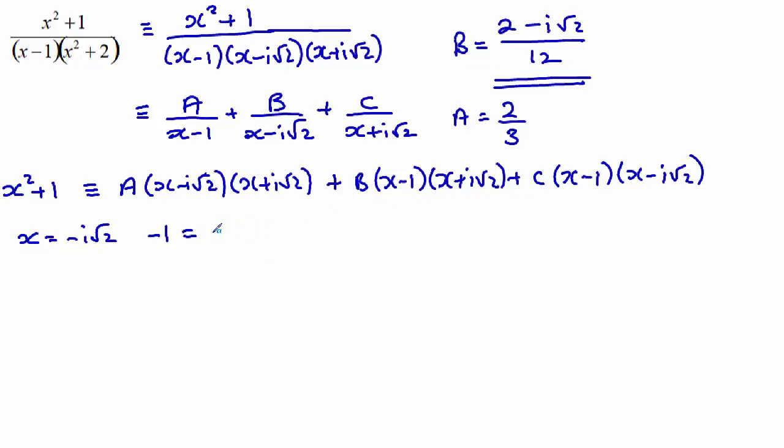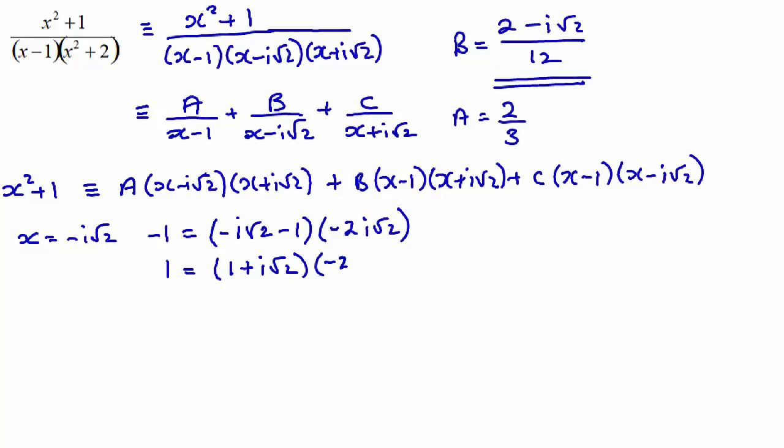And then over here, we're going to have negative i root 2, take away 1, and negative 2i root 2. So I could make this 1, and let's make both of those positive. So I've got 1 plus i root 2 in there. And then this is negative 2i root 2.